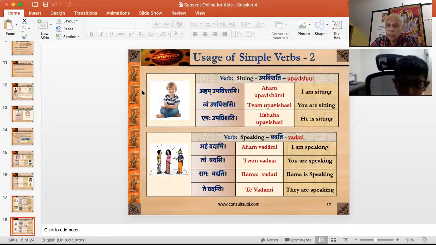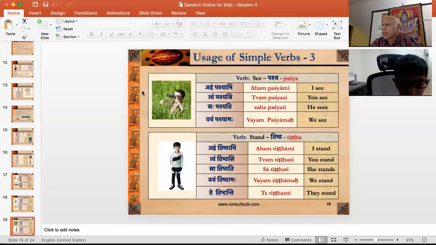You see, speaking here is in 4 different terms. Vadami, vadasi, vadati, and vadanti. So, you have verbs in different categories depending on who is the gender and what is the number, whether it is 1 or 2 or plural.